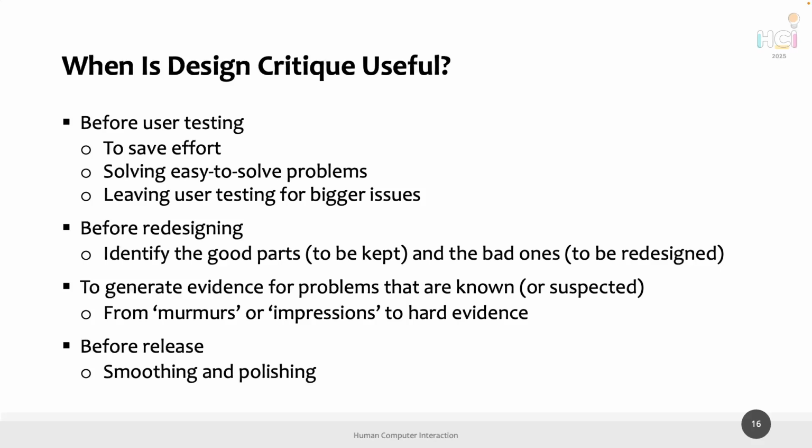Or we can use heuristic evaluation to, for example, generate evidence for problems that are known or suspected. Maybe your application is on the Play Store and you are receiving a lot of bad reviews. Let's check if these concerns make sense. Let's conduct a heuristic evaluation to confirm or not this.